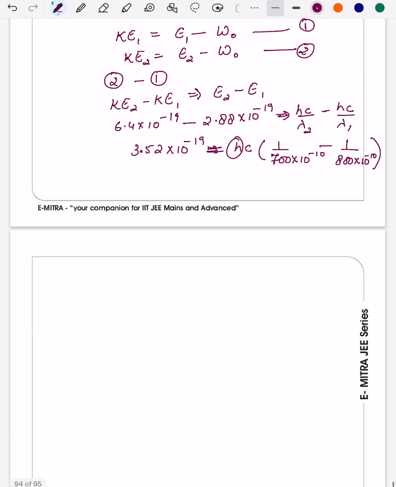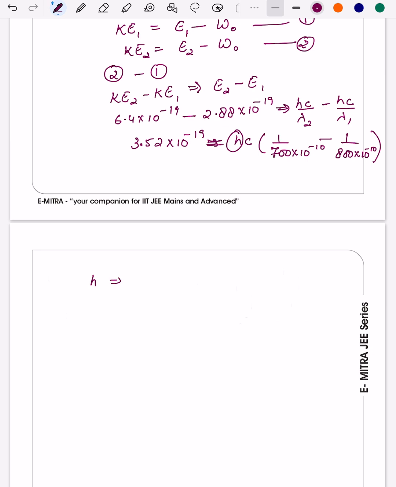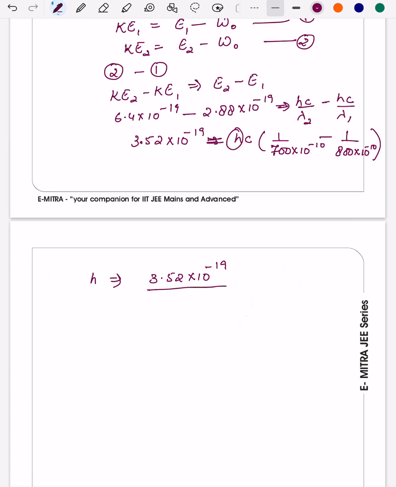थोड़ा substitute करते हैं. So H will be equal to कितना हो जाएगा 3.52 into 10 to the power minus 19 upon C into 1 by 700 into 10 to the power minus 10 minus 1 upon 800 into 10 to the power minus 10. इसे सॉल्व करते हैं.